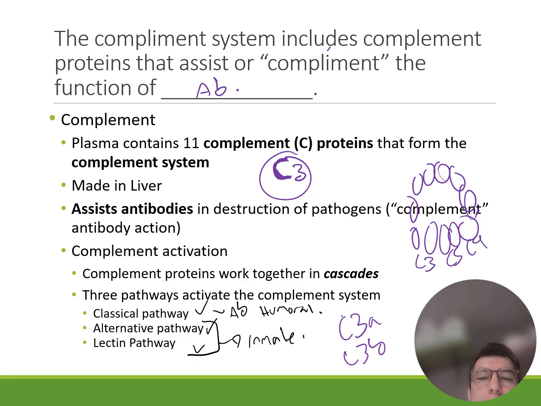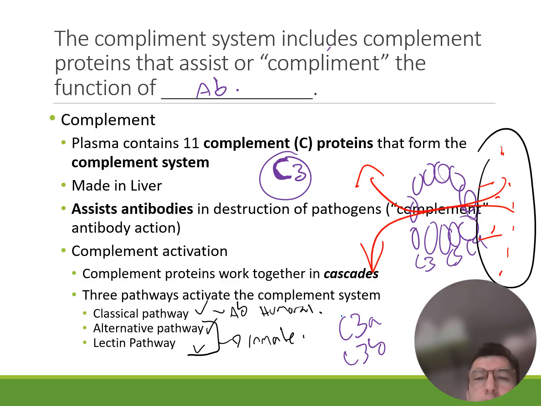But they create a complex that when they bind to the cell membrane of that pathogen, creates a hole. And that hole is so big that all the nutrients within this pathogen will leak out, creating cytolysis. All right. But overall, the complement system includes proteins that assist the antibodies, more so within the classical pathway.